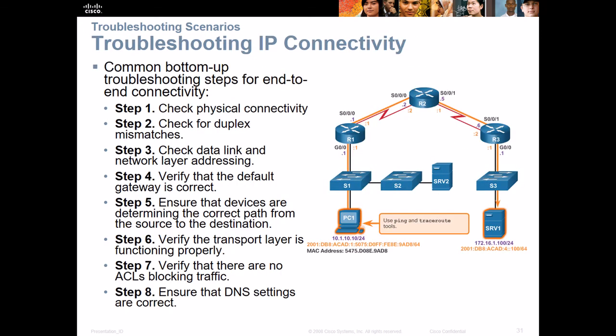All right. Troubleshooting connectivity from the bottom up. So this is probably something that you want to write down. Please write down those 8 steps, the common bottom-up troubleshooting steps. That's important.